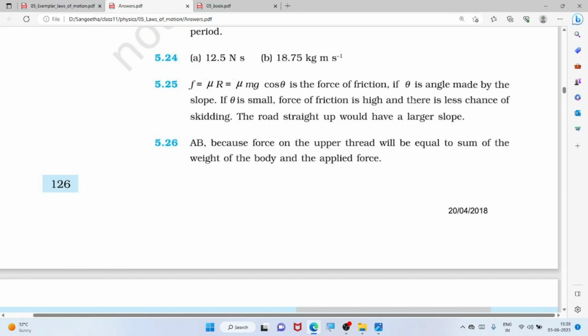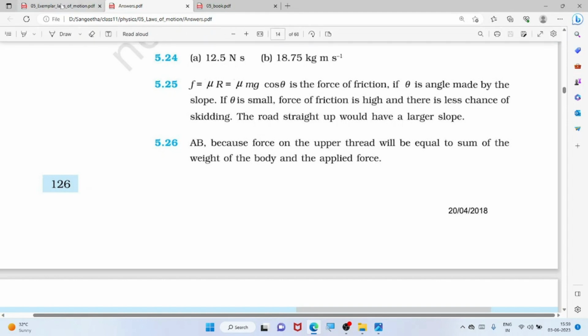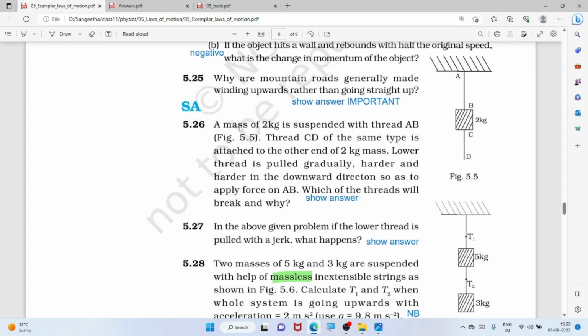If theta, the angle made by the slope, is small, the force of friction is high, and there is less chance of skidding. A road straight up will have a larger slope.